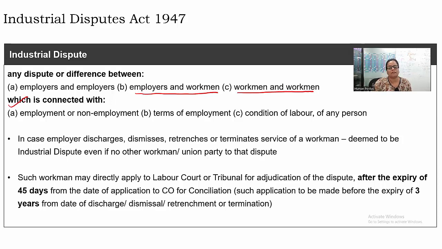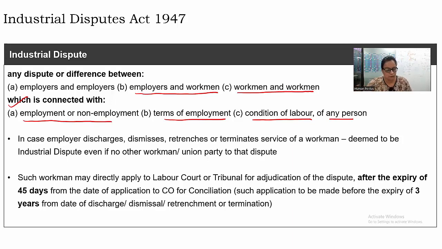The dispute is connected with which of the following: employment or non-employment, terms of employment, and conditions of labor of any person. Now let us understand these connections with the help of examples again. First, the dispute may be connected with employment or non-employment.